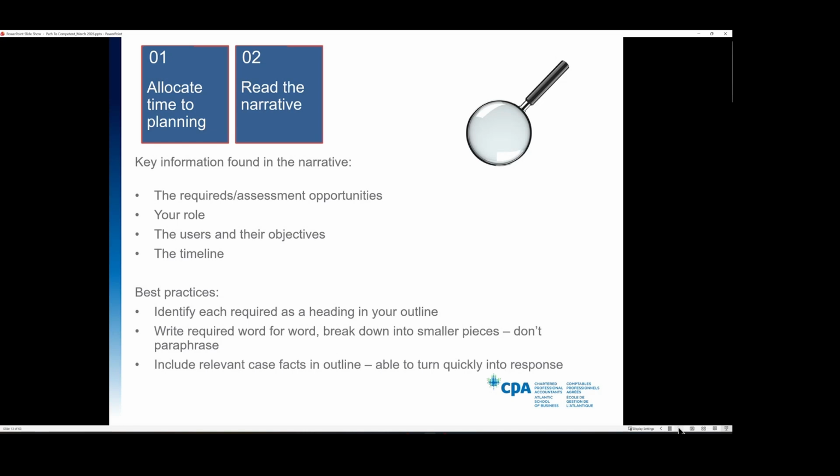Now, this information can be used in a variety of ways. For example, if one of the users is the bank, and we know that when it comes to financial reporting issues, you need to talk about the impact that your recommendation is going to have on the areas that the users are particularly interested in.